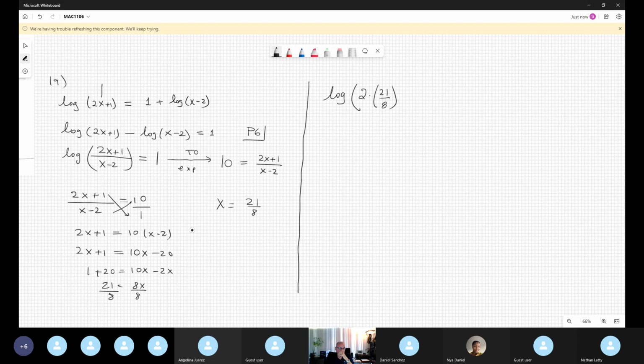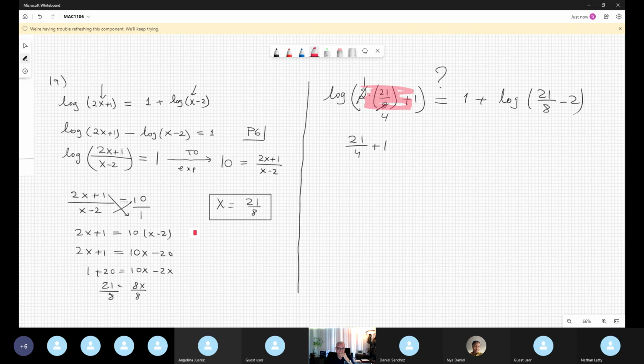So you replace x here for the famous 21 over 8 plus 1, should be, I claim that, I'm not sure if it's true, 1 plus logarithm of 21 over 8 minus 2. Okay. Well, I try to manipulate here inside. Oh, I see that 2 divided by 8 is 1 divided by 4. Now, actually, we have 21 over 4 plus 1. So I just copy so far that part.